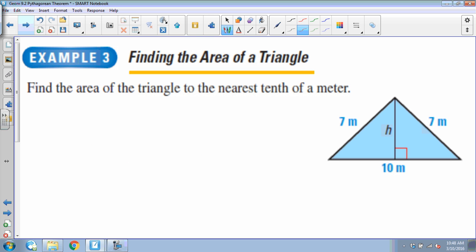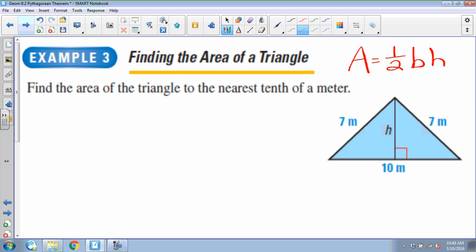Okay, now we're going to apply this knowledge to finding the area of triangles. Since we're in the Pythagorean Theorem section, you'll be using the Pythagorean Theorem to find the missing lengths that you need to plug into the area of a triangle formula. What is the area of a triangle formula? Yes, 1/2 base times height, or base times height divided by 2.